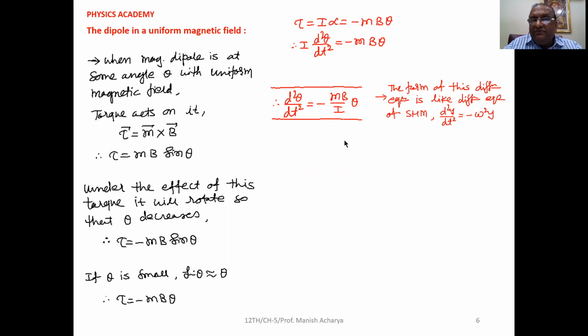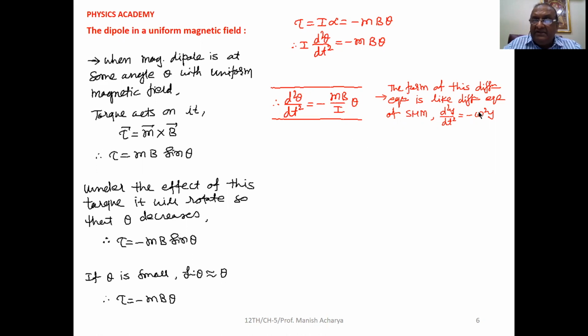So from comparison of these two equations, we can say that if the dipole is placed at some angle with the magnetic field and then released, the dipole will execute simple harmonic motion, or simple harmonic oscillations.